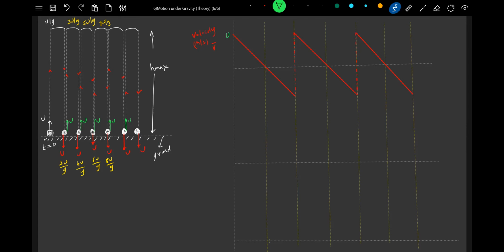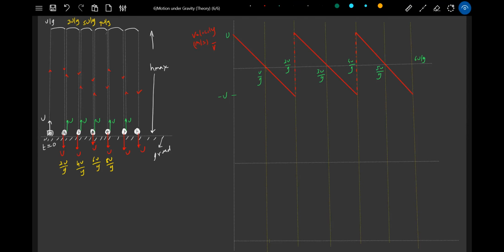It was projected with u, and at the highest point, minus u. What are these intervals of time? u by g, 2u by g, 3u by g, 4u by g, 5u by g, 6u by g.